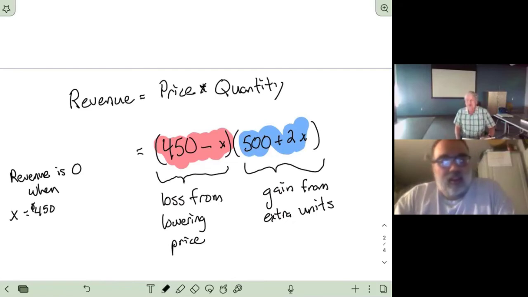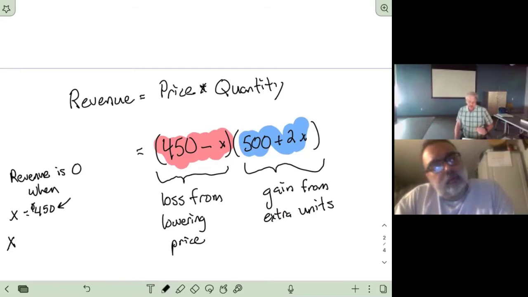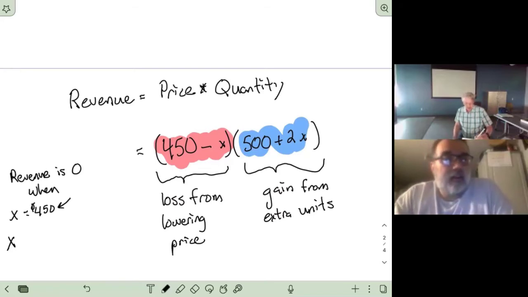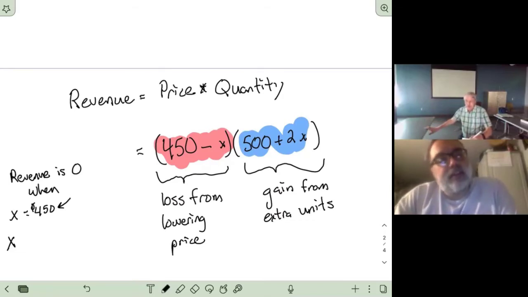Well, what's the other 0? That corresponds to us charging too much, like nobody buys anymore. Oh, no, that's because x is the dollars we lowered the price.